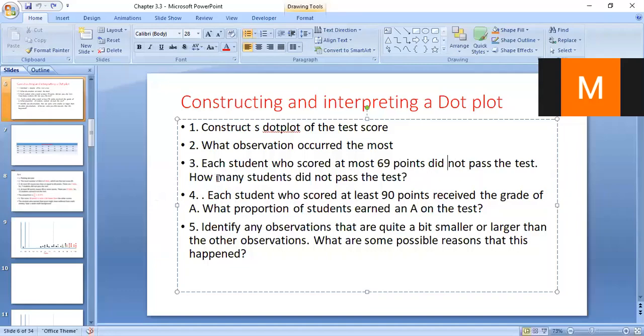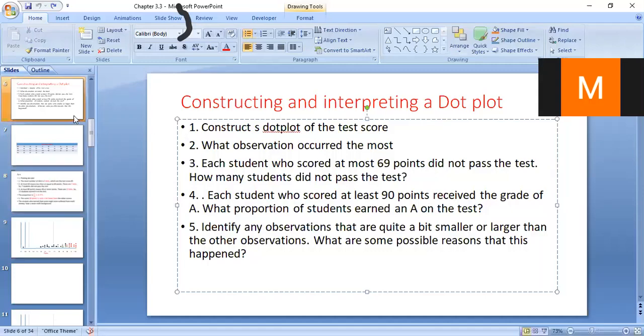If the question asks what proportion of students did not attend, you find how many students did not attend, divide by the total, and you will find the proportion. Before you find the proportion, you must find the number of people first.